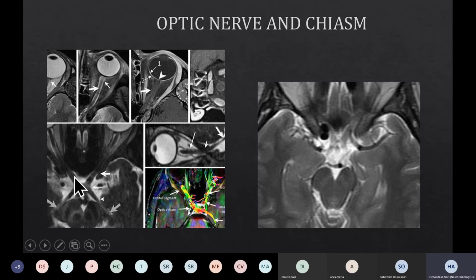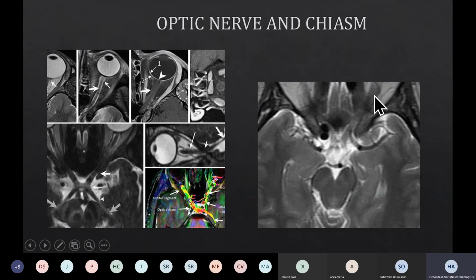And then the optic nerves in the pre-chiasmatic segment, this is the chiasm, this is the pre-chiasmatic segment, leads towards the chiasm, and then more posteriorly on either side of the hypothalamus, we are going to extend towards the lateral geniculate bodies, these optic tracts. So this is the anatomy of the optic apparatus, or what we call the anterior visual pathway, which we can see on imaging. Beyond this, we don't see it separately as the anterior visual pathway.